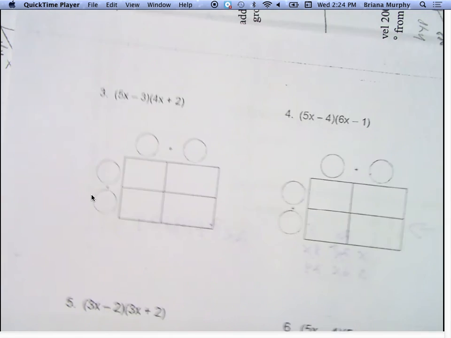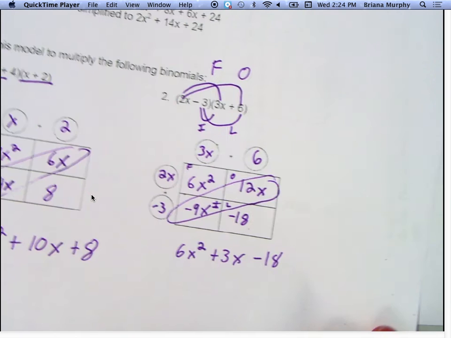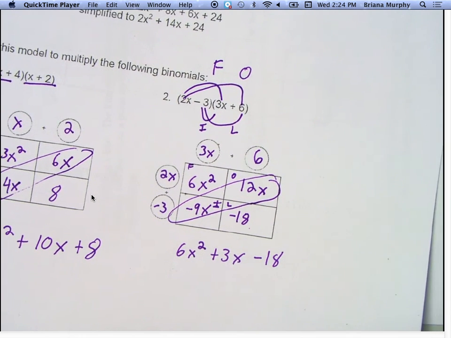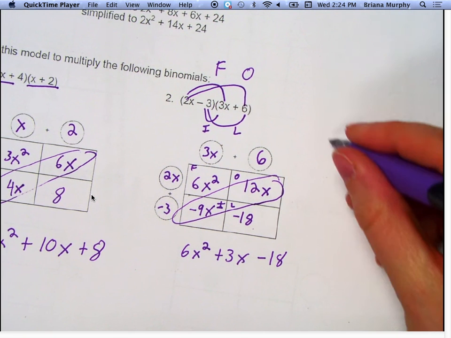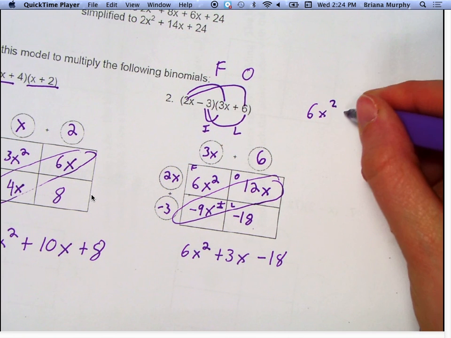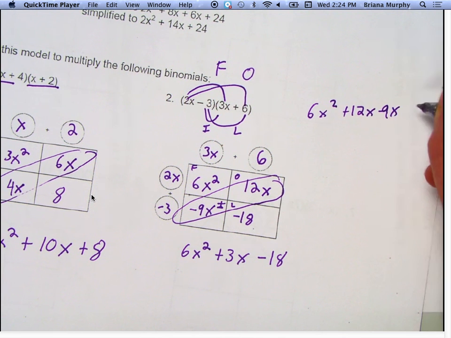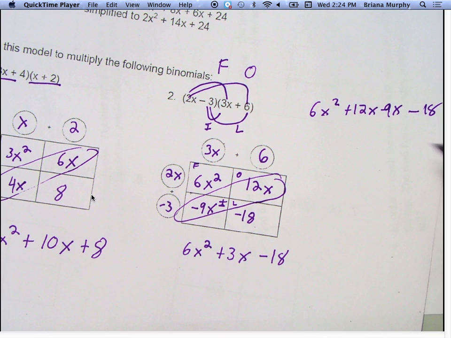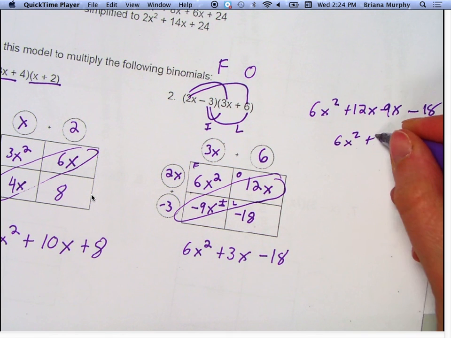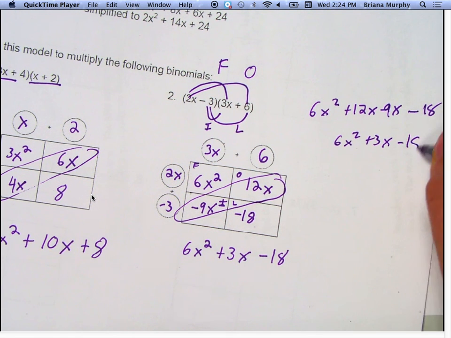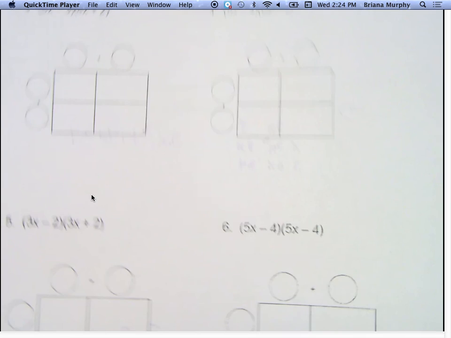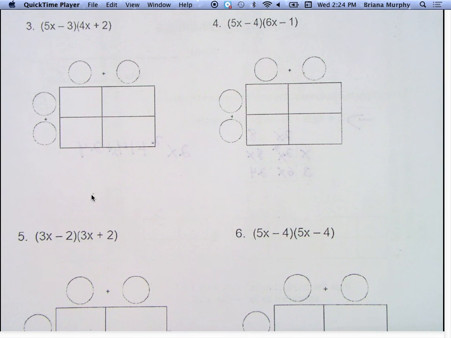If you get the right answer, I don't care. So it's FOIL, then what do you do after? You add the like terms and you're done. You'll get 6x squared plus 12x minus 9x. You'll multiply them out just like where the lines connect, and then you'll just combine like terms in the middle, and you'll get the same answer. It's all done. You don't ever have to do it again.